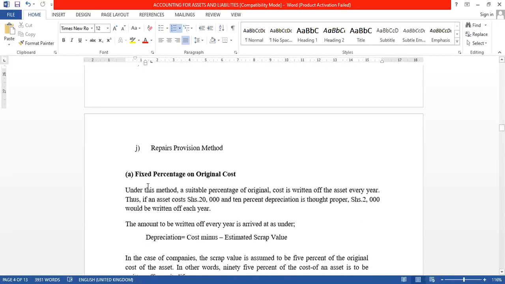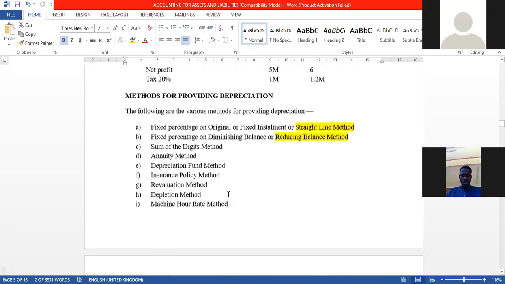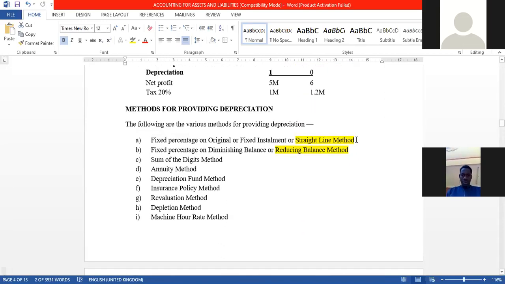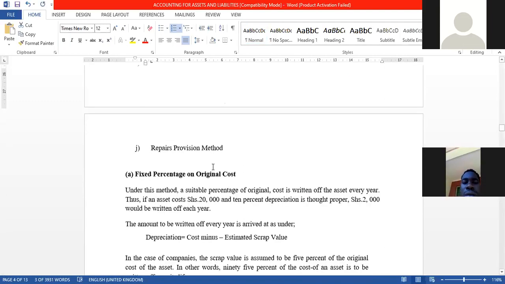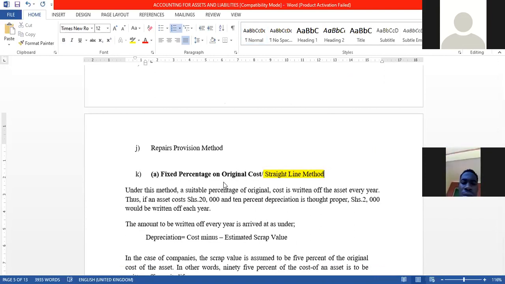Good, so we start with the fixed percentage on original cost. We also call this the straight line method of depreciation. I hope you have a pen and paper.